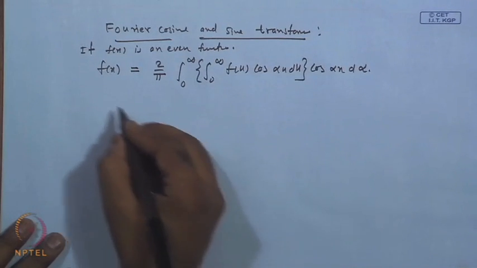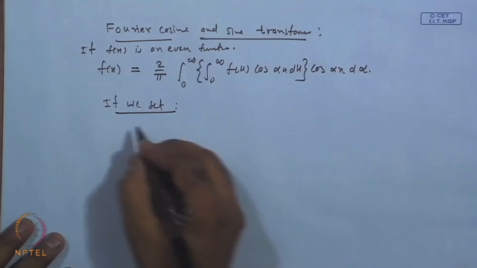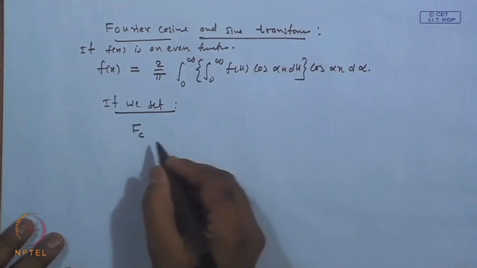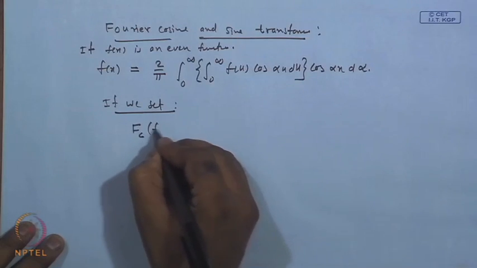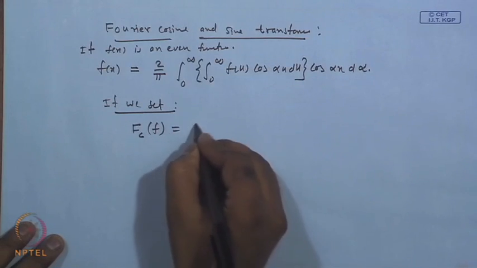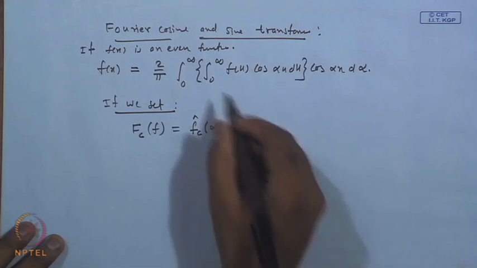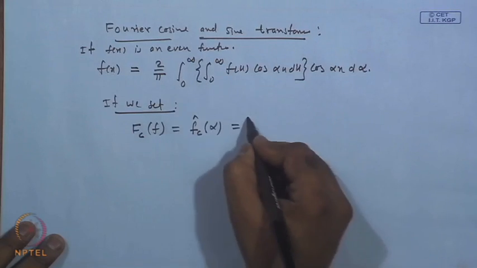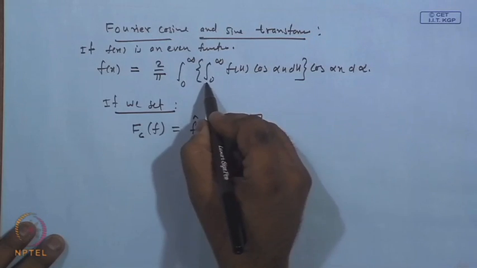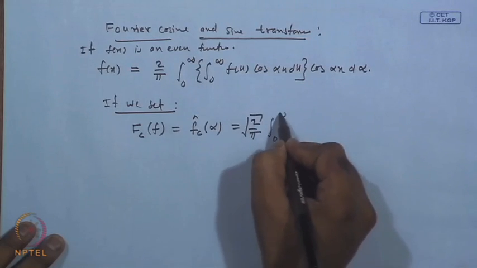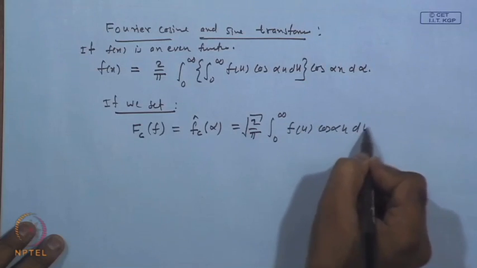Now, if we set that f c, we denote this f c hat function of alpha, is square root 2 over pi, and this integral 0 to infinity f u cos alpha u du.